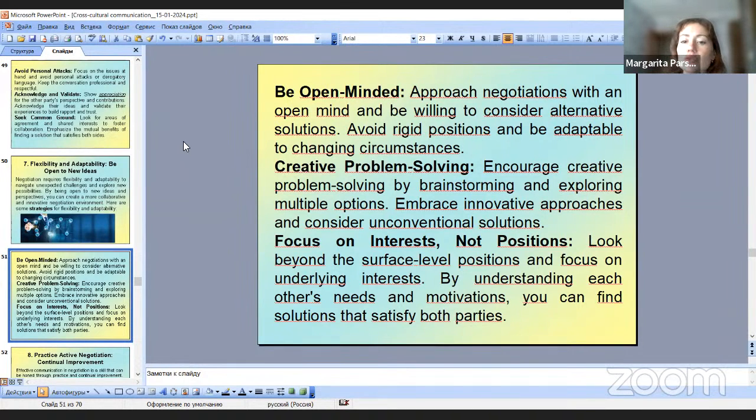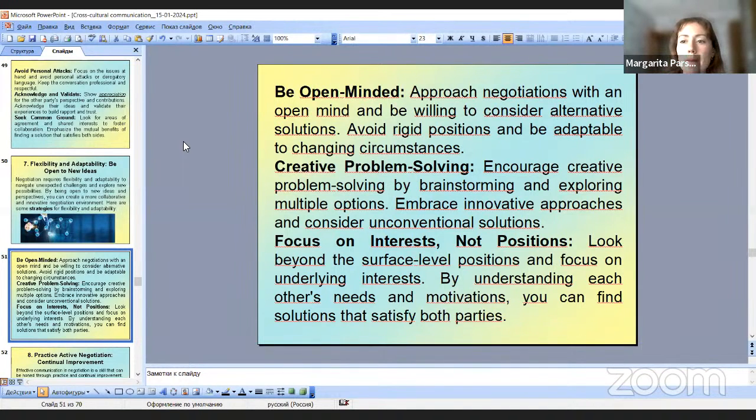Then, focus on interests, not positions. We are not looking at the person and seeing that he has his position, because if we are focused on positions, it can lead to conflicts.